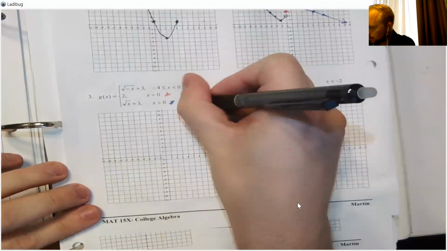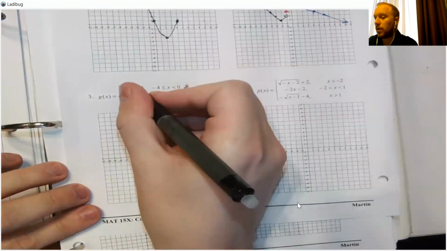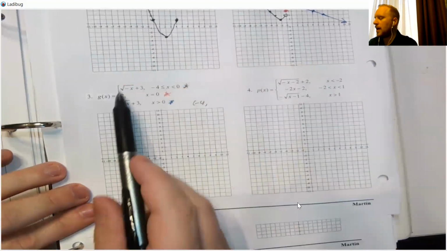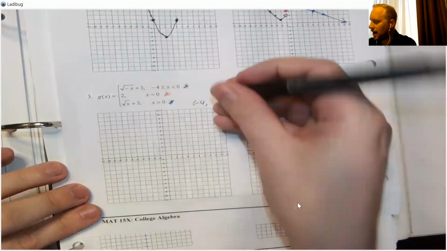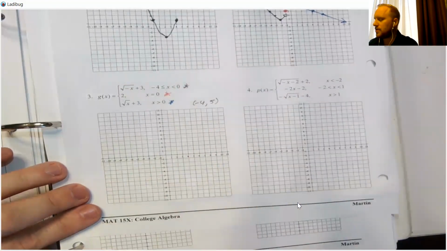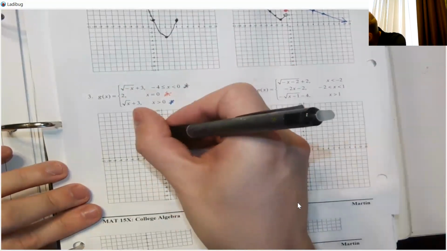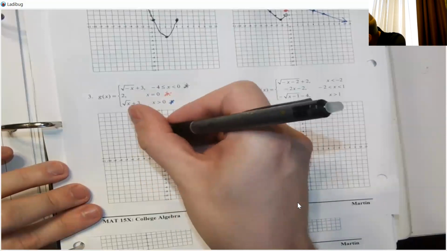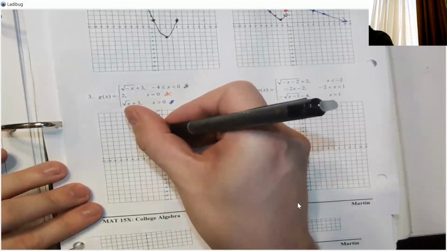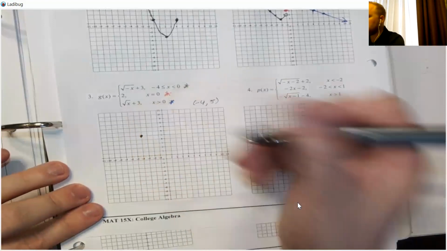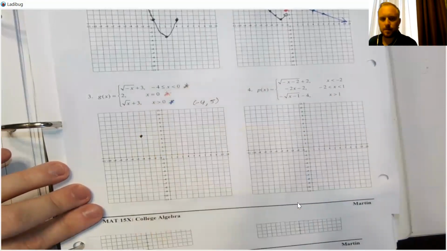Square root of 4 is 2. 2 plus 3 is 5. So the first point I'm going to put is negative 4 comma 5. Should be right there. And I'm putting a solid dot. The reason I'm putting a solid dot is because of that line right there.